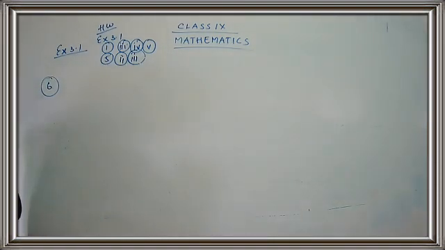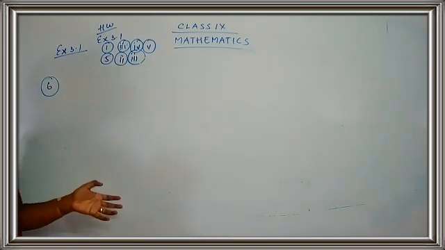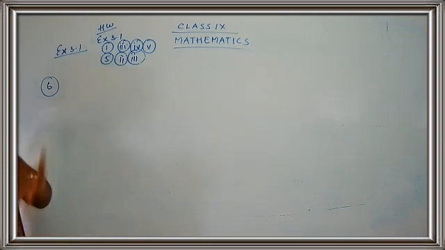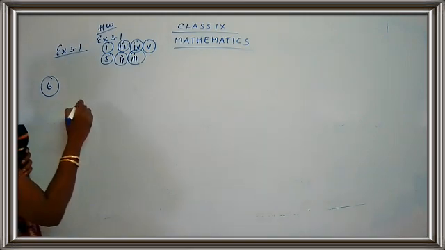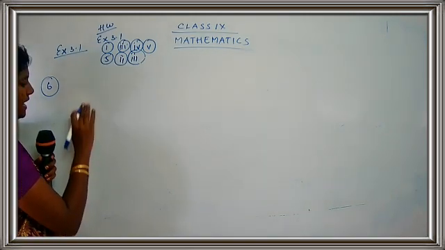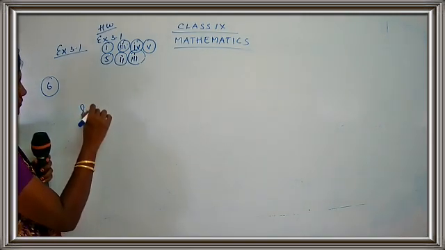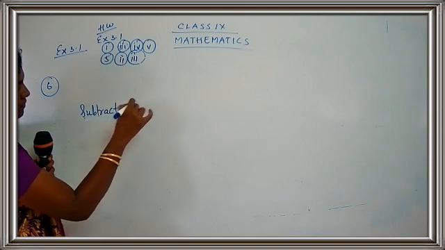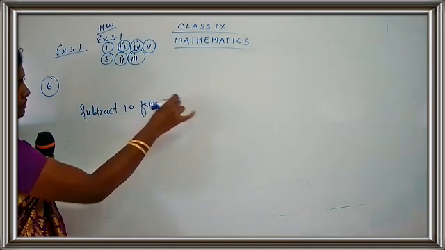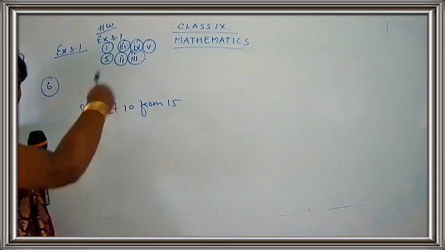Subtract the second from the first. So you have to write down the first polynomial first and the second polynomial second. Because, okay, I'll just explain this to you. Suppose the question is subtract 10 from 15.